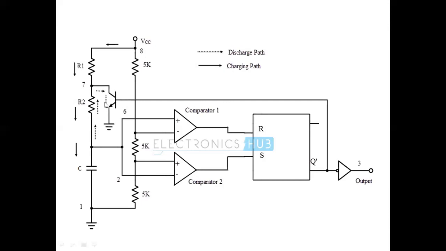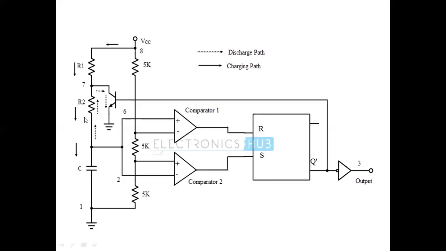When the transistor is in off condition, the path which we are connecting to the capacitor will be removed. So that means the capacitor charges towards VCC through the resistances R1 and R2.